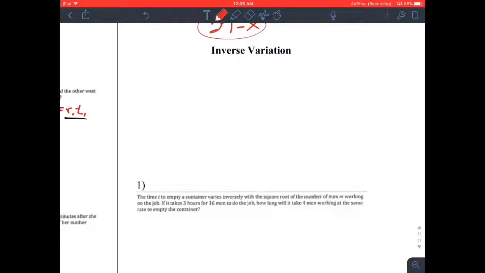Inverse variation means that the numbers move in opposite directions. So instead of having the relationship that we just had, x1 over y1, we're going to have x1 times y1 and then x2 times y2.